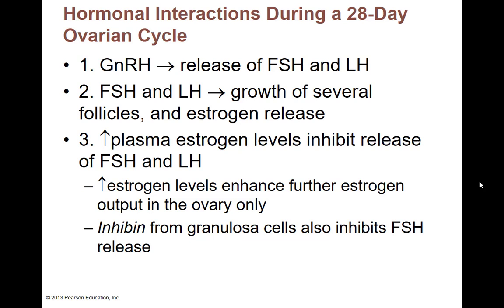So estrogen can also be a positive for more estrogen. However, that extra estrogen is only going to stay in the ovaries. We need that estrogen in the ovaries to get those follicles to develop and get the cycle going. So estrogen is the negative feedback, and it's also a positive feedback, depending on where that estrogen is going.